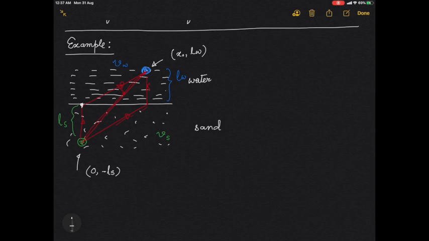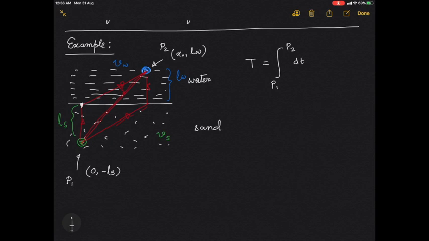Let me call this point 1 and this point 2. What he has to do is to minimize the time, and the time is given by the integral from point 1 to point 2, where the infinitesimal time step is dt, so this is the integral from P1 to P2 of dt, right?